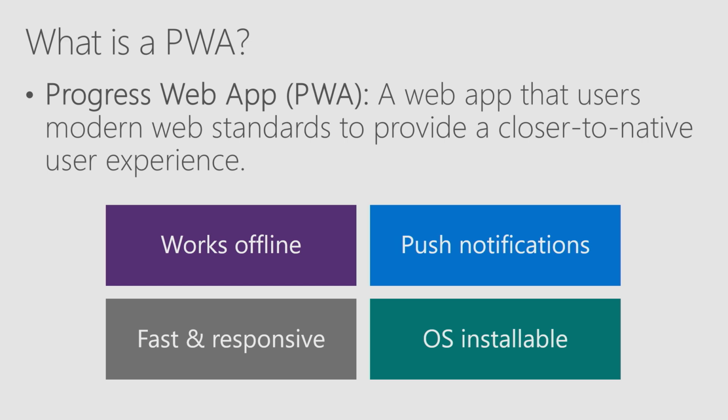You add a service worker so that the files can be cached and used even when the browser is not connected. Support for push notifications. PWAs tend to be fast and responsive, so they have that native app-like feel. On some platforms, they can even be OS installable, like you can pin them to your home screen on your phone. Or on Windows 10, you can install them so that they can be run from your Start menu.